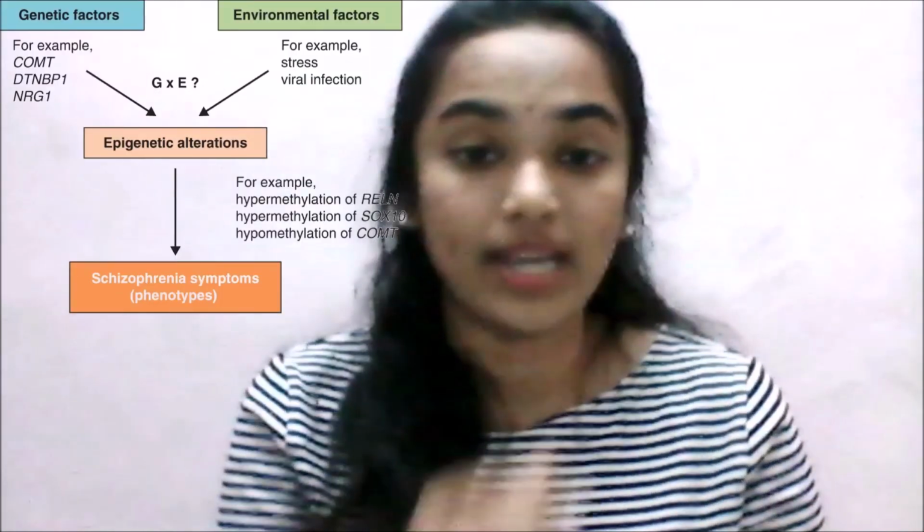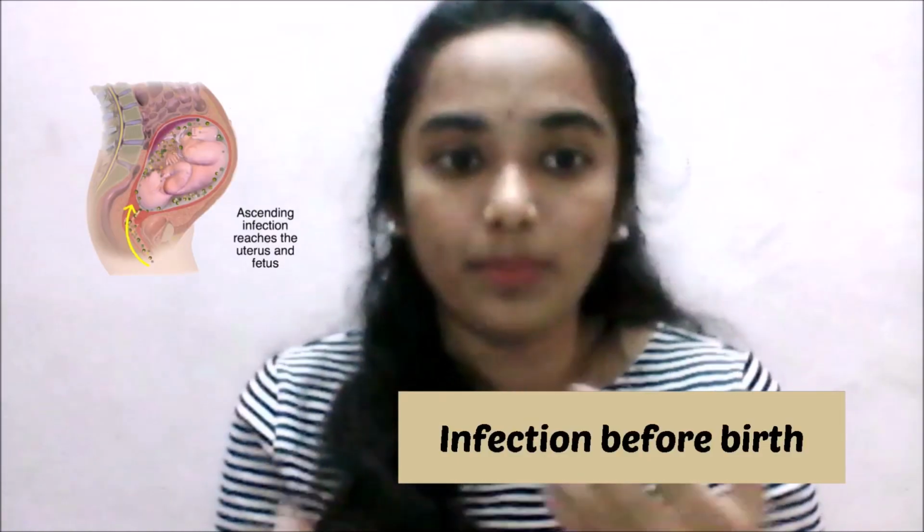The ways that these genetic changes are related to schizophrenia are not well understood, and the genetics of the disease is an active area of research. The genetic changes can also interact with environmental factors that are associated with increased schizophrenia risk, such as exposure to infection before birth or severe stress during childhood.